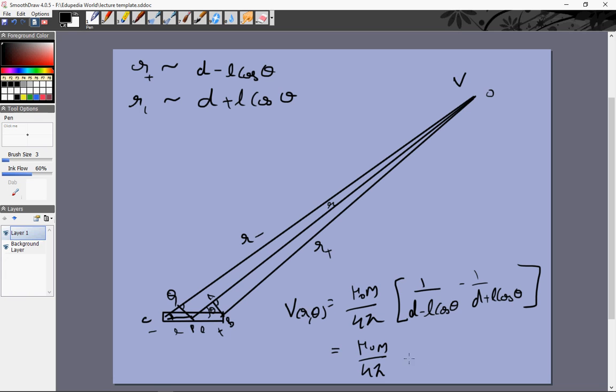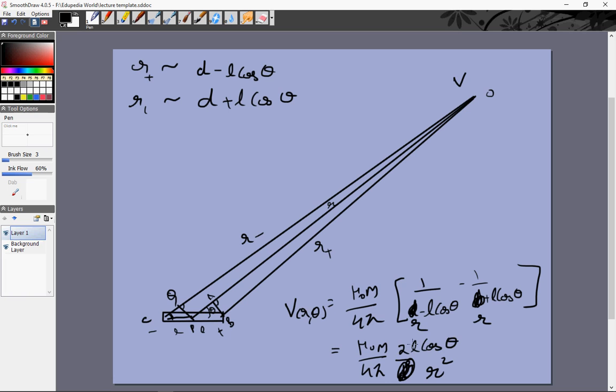Now in the denominator we'll have d squared minus L squared cos squared theta, but we'll just write that as d squared, or r squared, sorry, this should be r. So in the denominator I just write r squared because I'll assume that L cos theta is much smaller than r, which is the dipole approximation. In the numerator we'll have 2L cos theta.